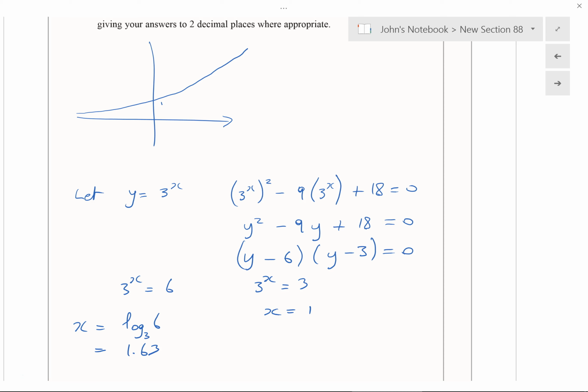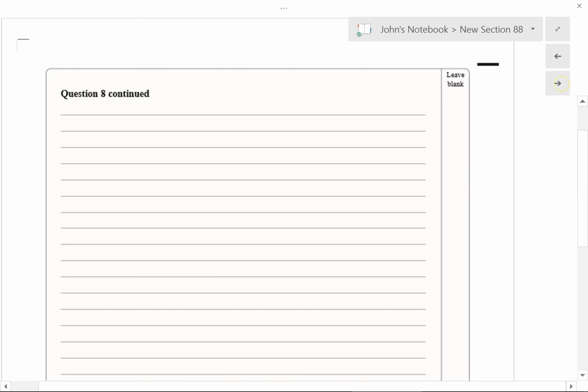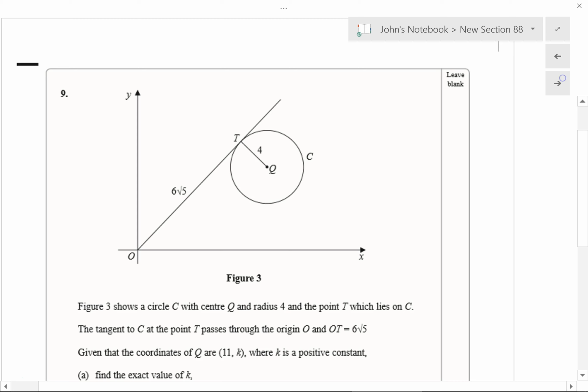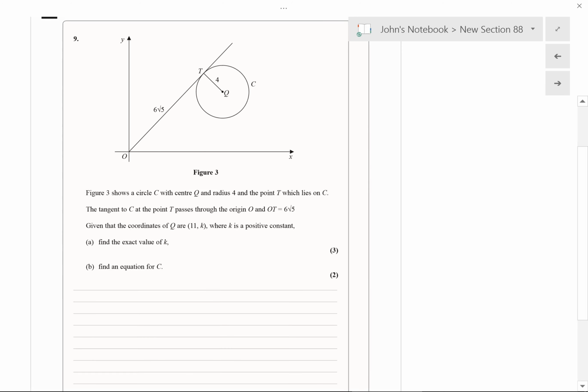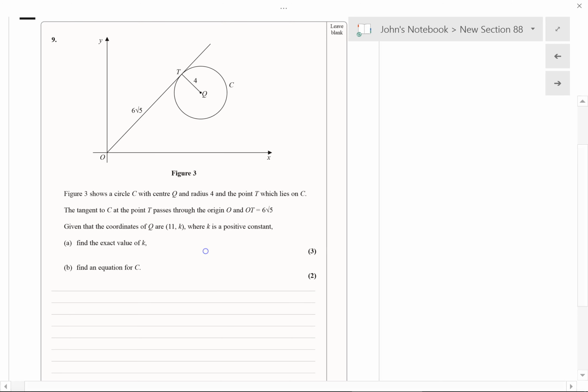Let's scroll through to question 9. Okay, blank, blank, blank, blank. Okay, all right. Looks interesting. Okay, let's take a look at this question. We've got a circle with centre Q, and point T is a tangent.